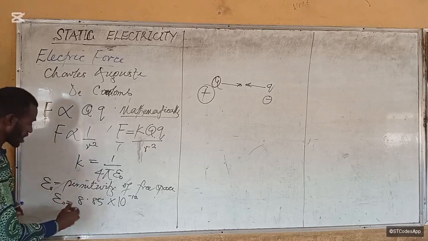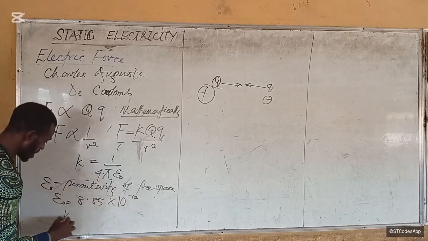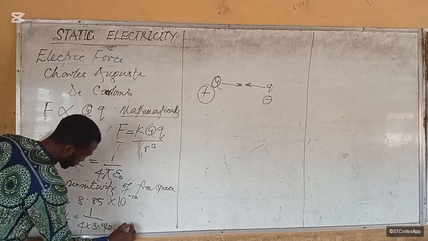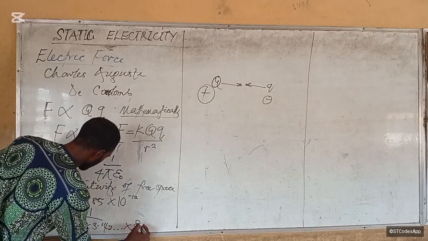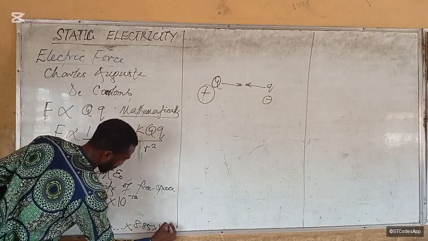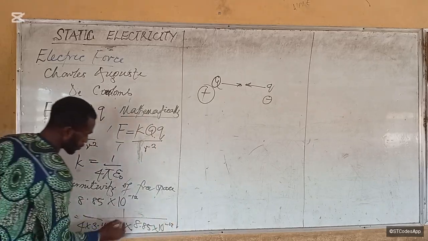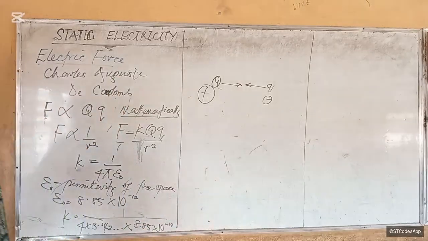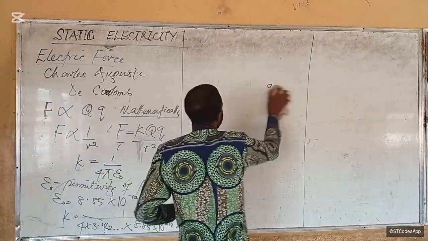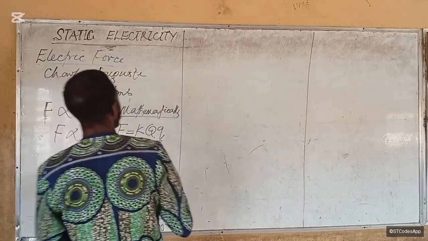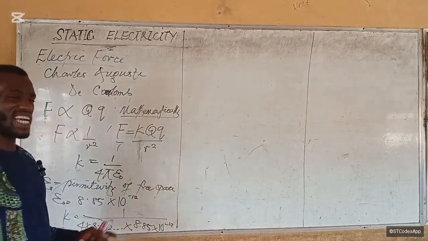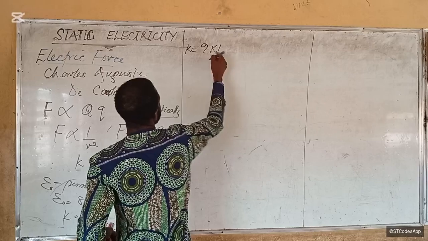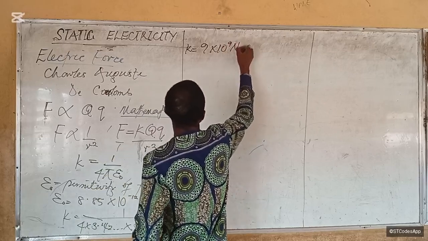Then we have that k is equal to 1 over 4 times 3.142 times 8.85 times 10 to the power minus 12. That is 1 all over all of this. By the time you plug all of this into your calculator, you are going to come out with about 8.9, which is approximately 9, so the value of k is equal to 9 times 10 to the power 9 Newton.